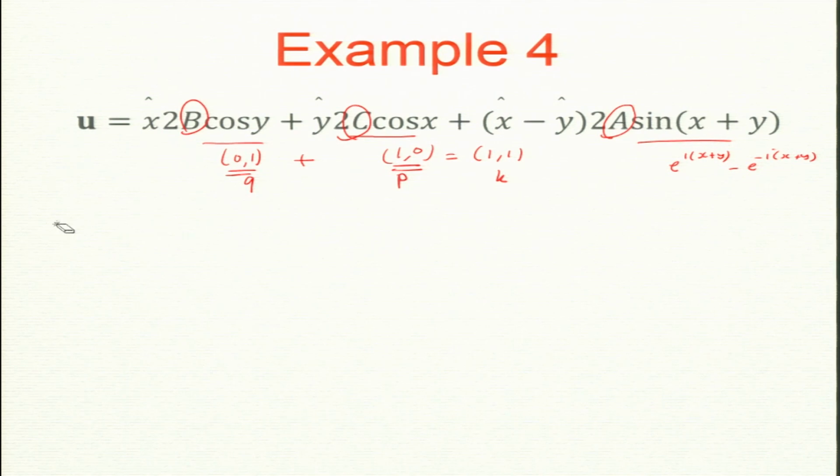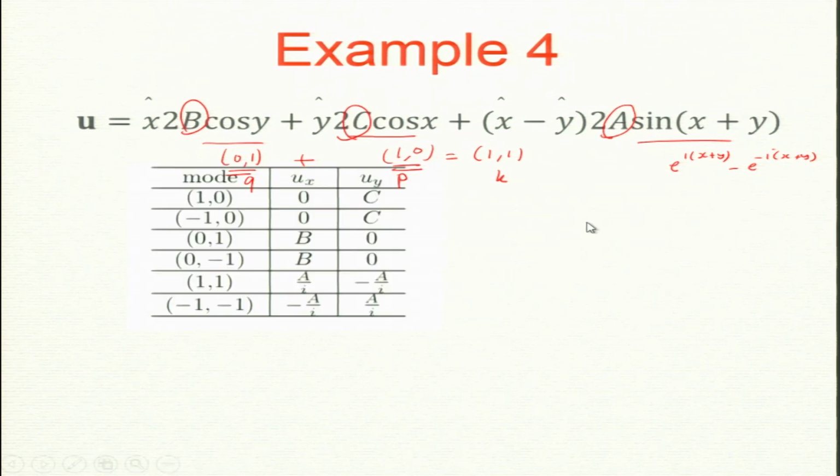So, that's the objective, and some of the midterm project I am going to give you is like this, more complicated. Okay. So, this example, please see this carefully, and we will try to understand. So, my modes are 1 0 and minus 1 0, and the amplitude is c.